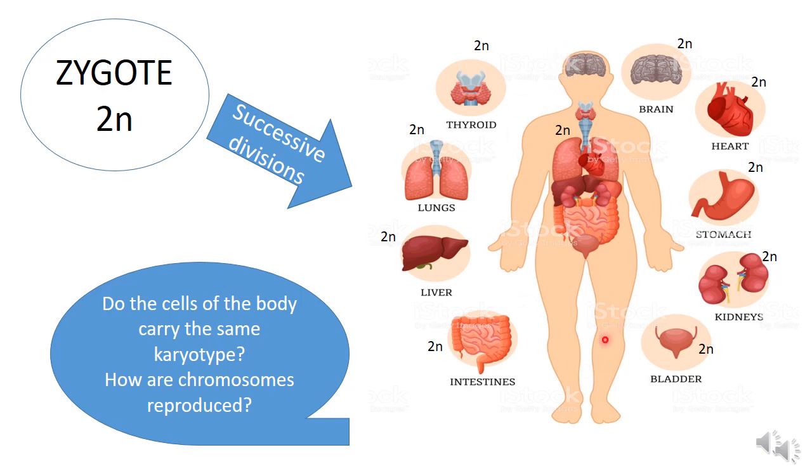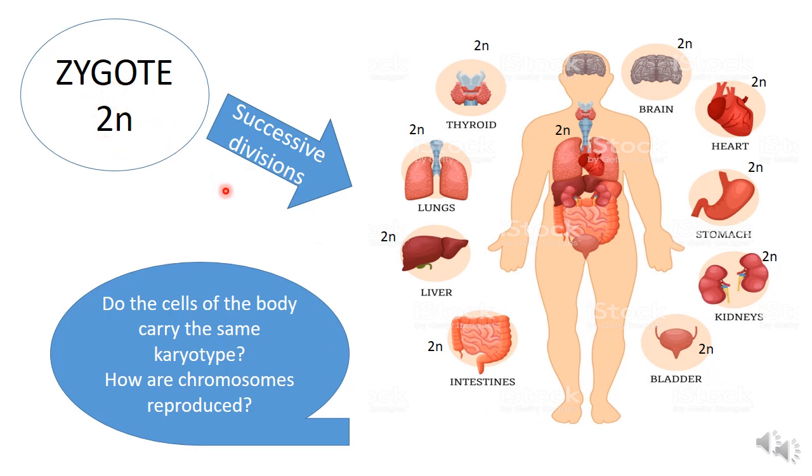You see that every organ, which is made up of cells, presents 2N chromosomes, which is the same number of chromosomes as the zygote. And this is the characteristic of mitosis, which is the conservation of the number of chromosomes.